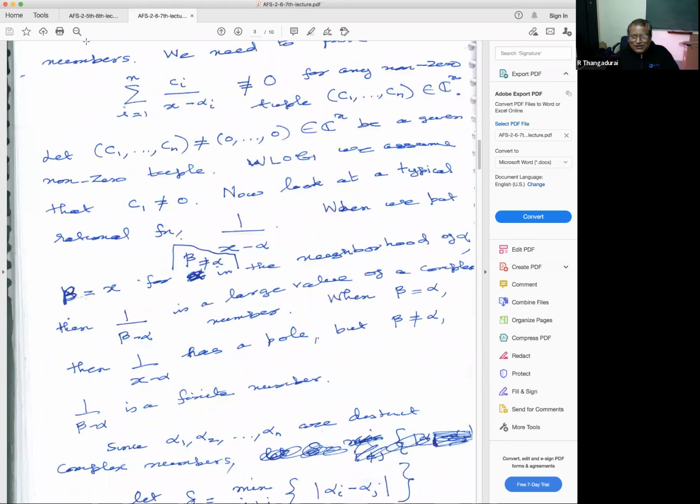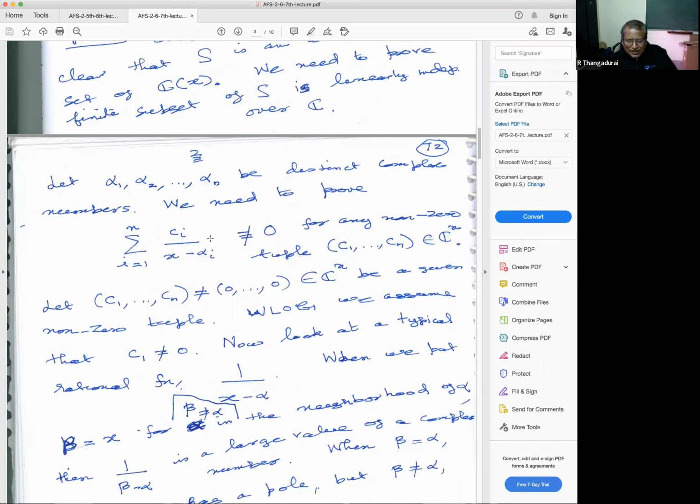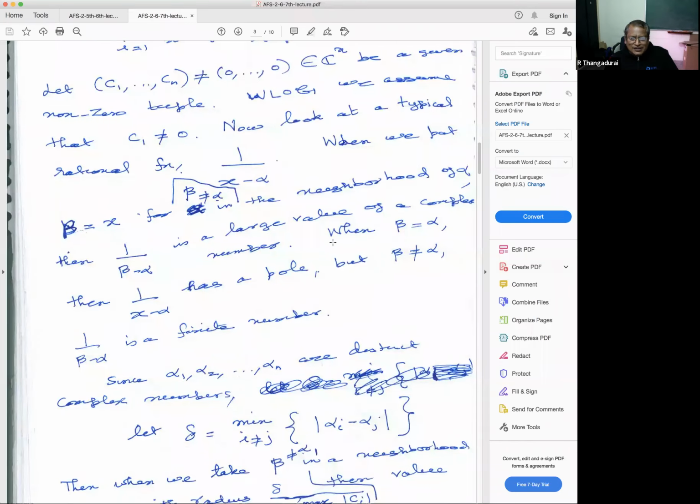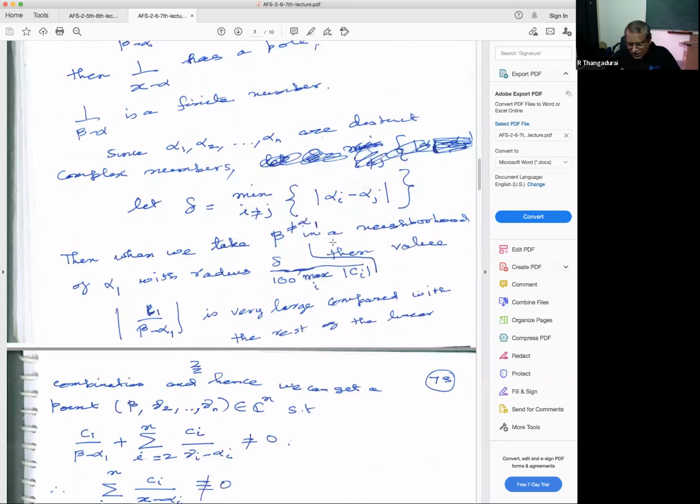What we have to say is that this function is not a zero function, therefore I have to find a point beta such that when I plug x equal to beta, I get non-zero. That's what I'm trying to cook up, one beta. Since it is a 1 by, when I go close to alpha 1 and choose some beta, it blows up. That's the catch.